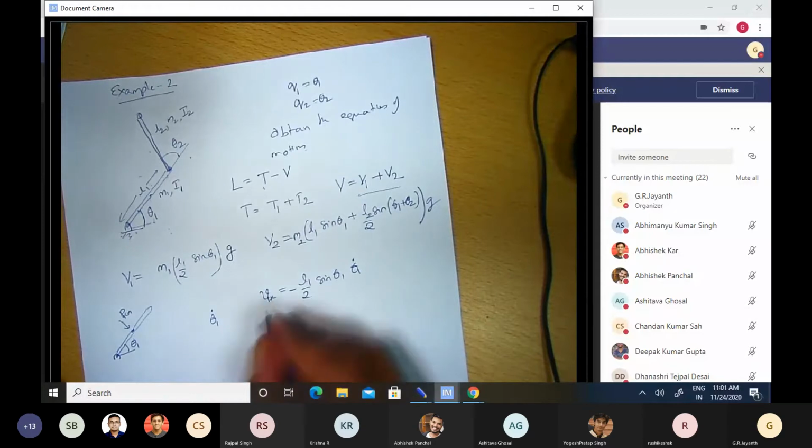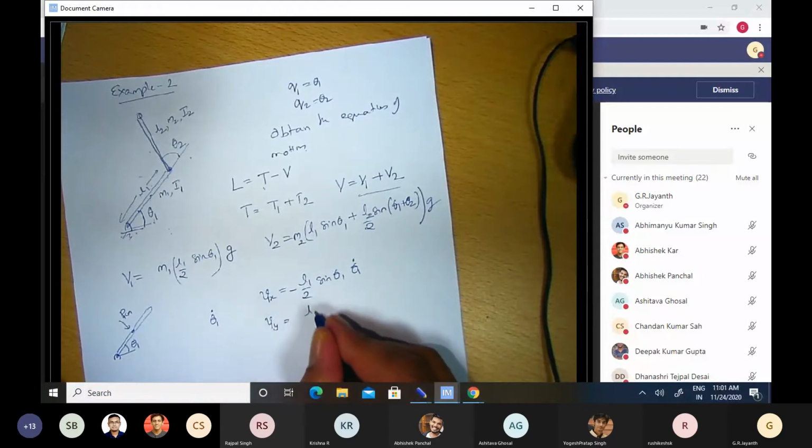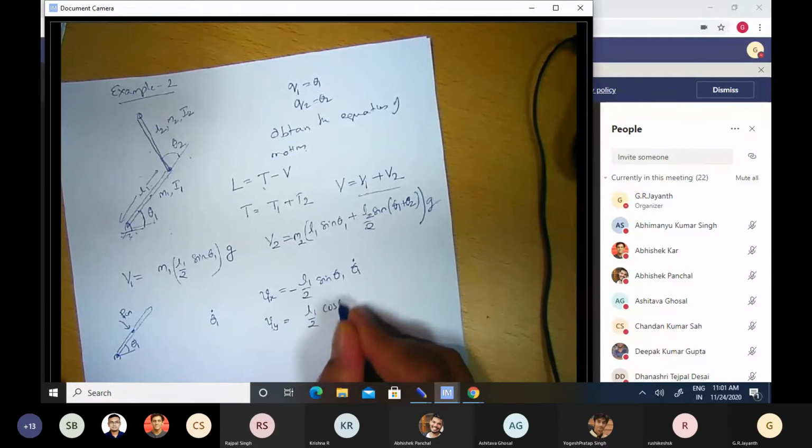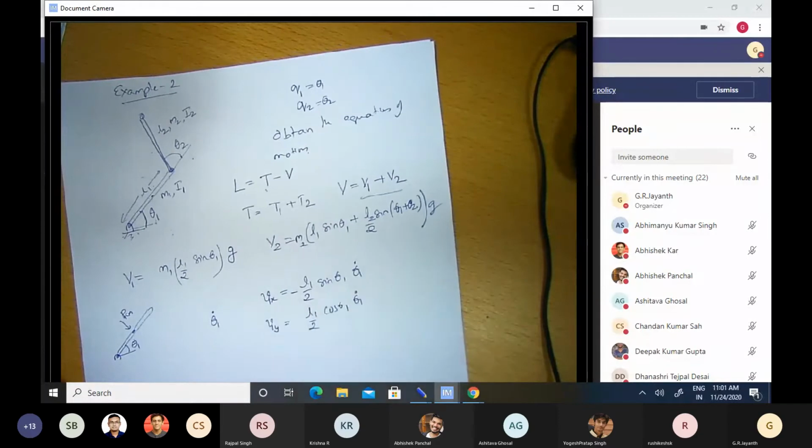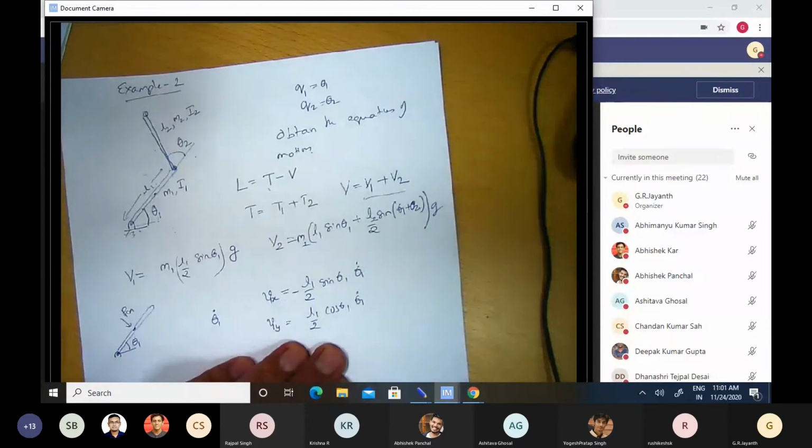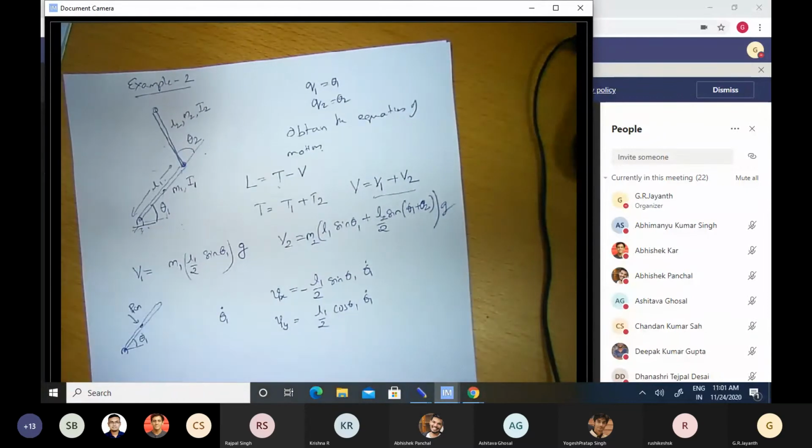And the y component will be equal to plus L1 by 2 cos theta 1 dot. If you are a little mystified about how I got this expression, you can take one further step back.